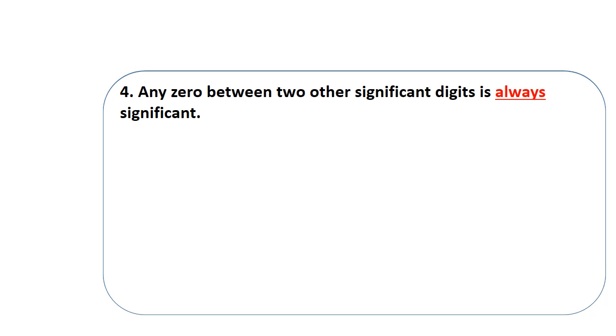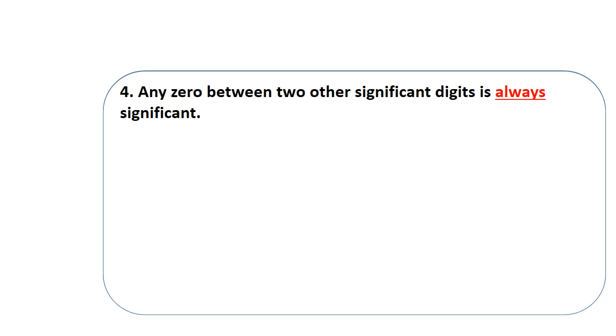Then rule number 4: any zero between 2 other significant digits is always significant. So if you have a zero in between significant digits, then that zero is also significant. So I've looked at 3 positions in which zeros can be.